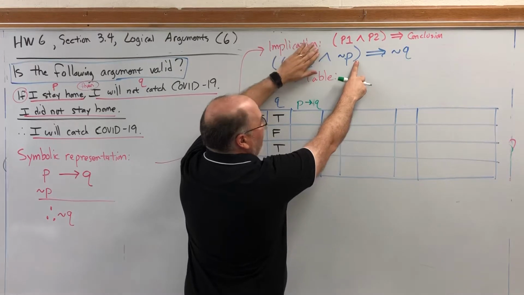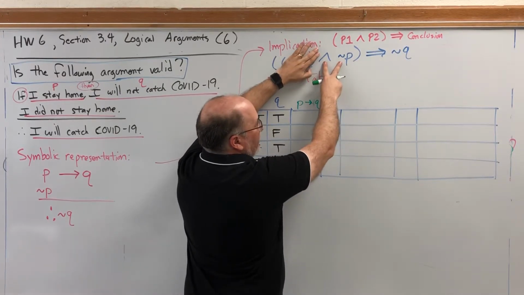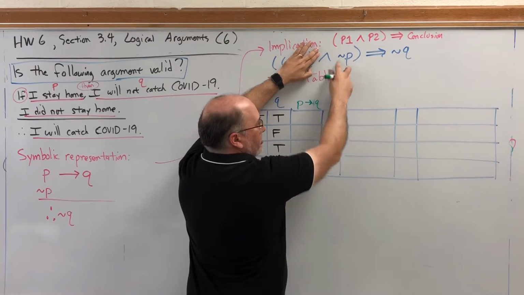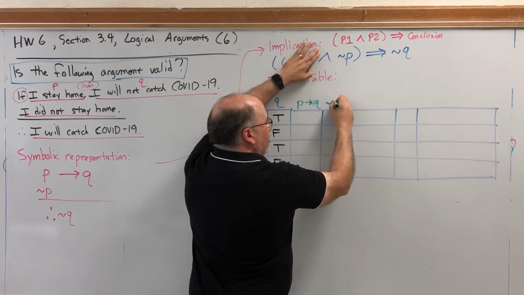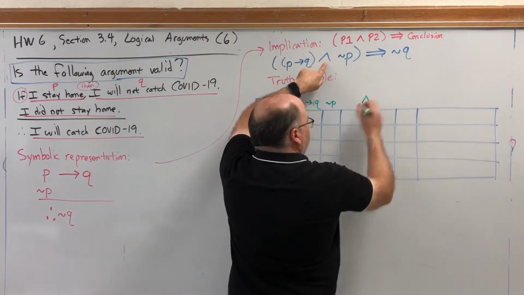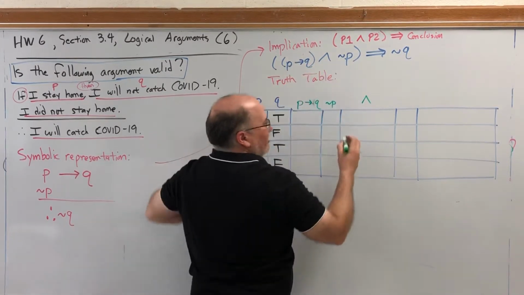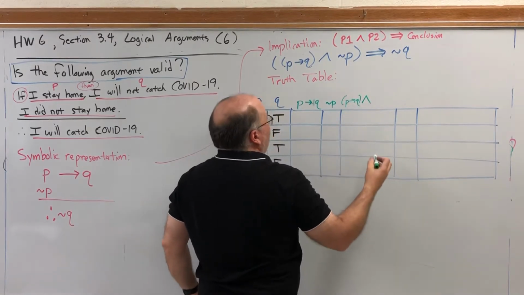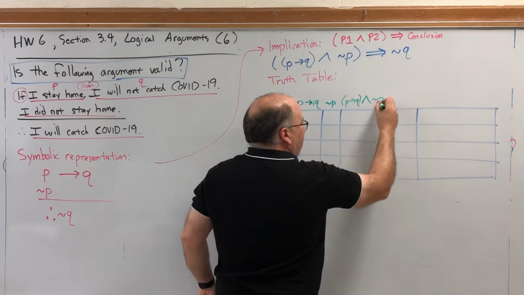And inside the outer parentheses, there are still 2 more connectives, a conjunction and a negation. The negation takes precedence, so the next column is negation P, followed by the conjunction. So the next column is the conjunction of the things on either side of it. The conditional on the left, the negation on the right.